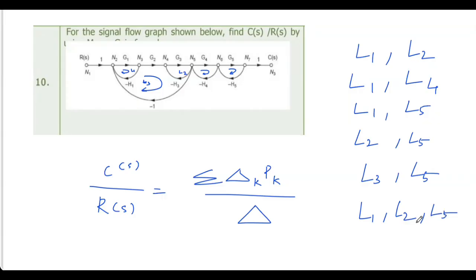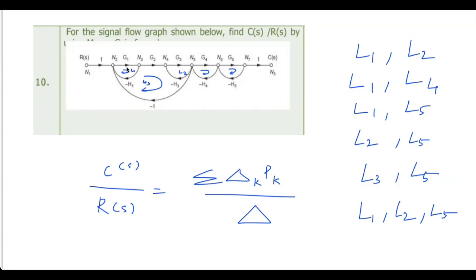Three non-touching loops, three loops that don't touch each other. Two non-touching loops we have seen, then three loops that don't touch each other.